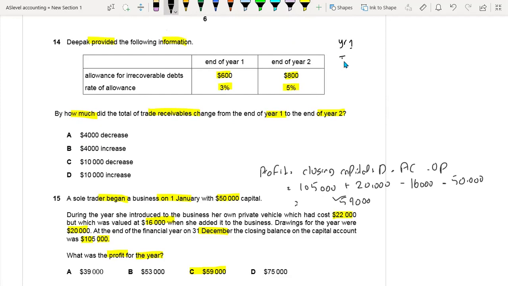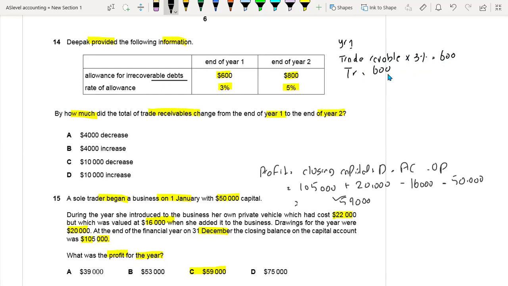We know the formula: trade receivable multiplied by rate, which is 3% in the case of year 1, is our allowance for irrecoverable debt, which is equal to 600. So if you just find out the trade receivable, make it the subject here, and this 3% would be multiplying here.